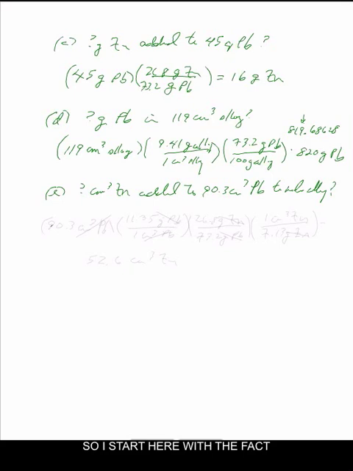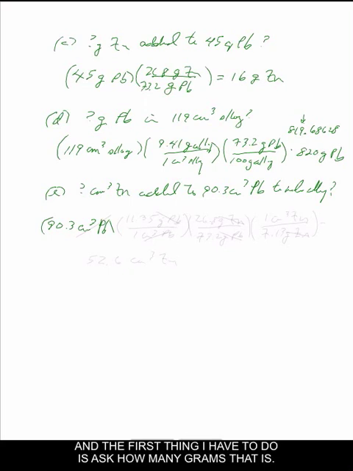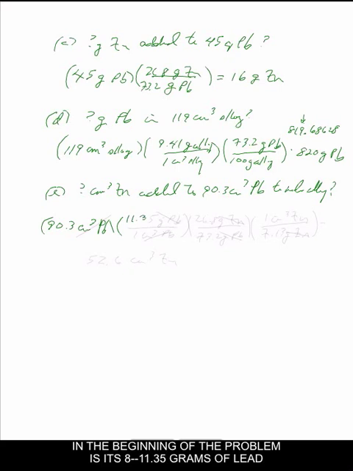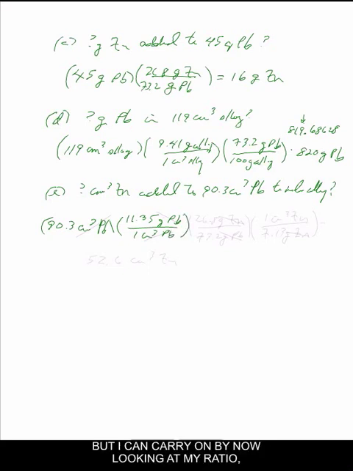So I start here with the fact that I was given 90.3 cubic centimeters of lead. And the first thing I have to do is ask how many grams that is. And the answer given in the beginning of the problem is it's 11.35 grams of lead for every 1 cubic centimeter of lead. Then I can carry on by now looking at my ratio, because now I have grams of lead.